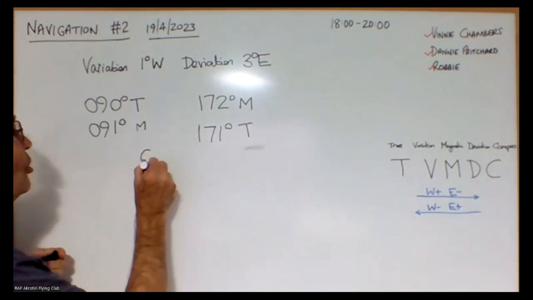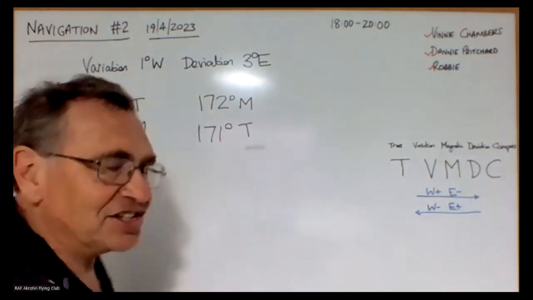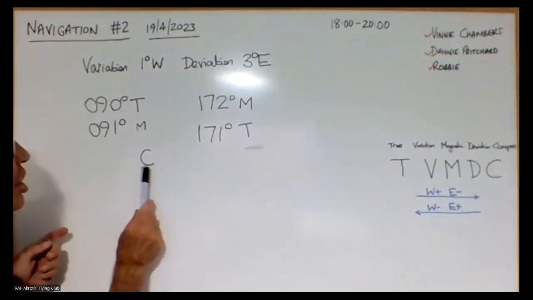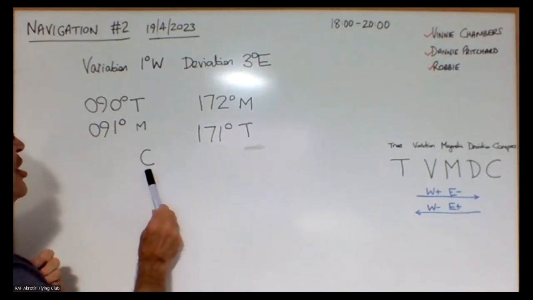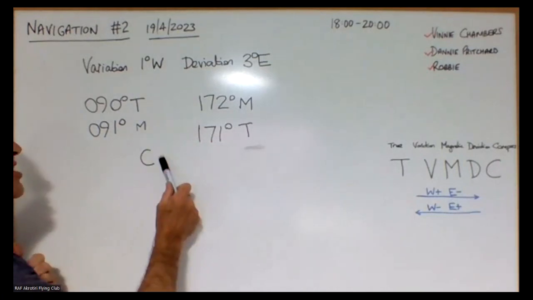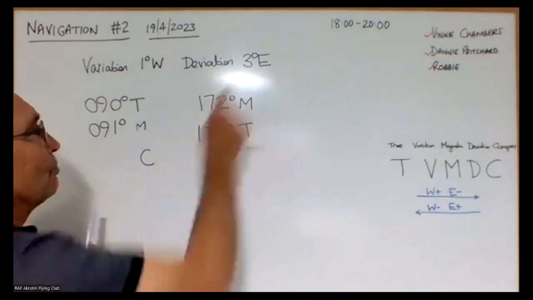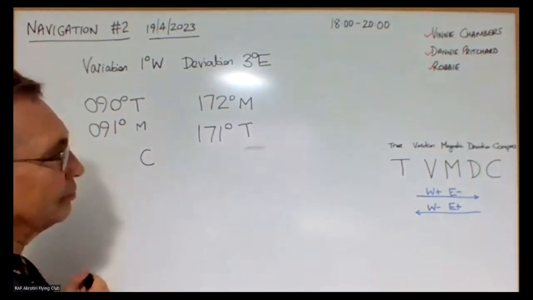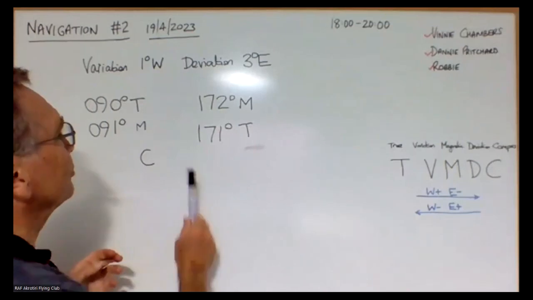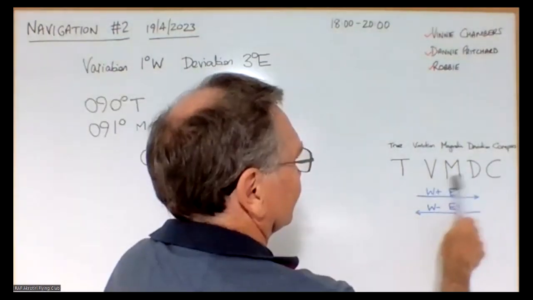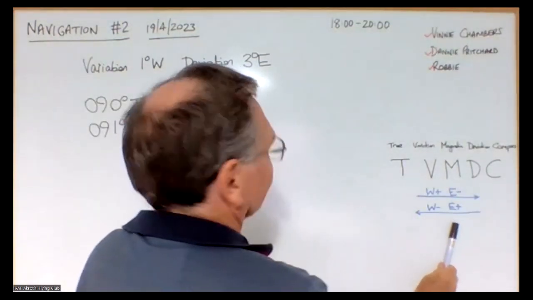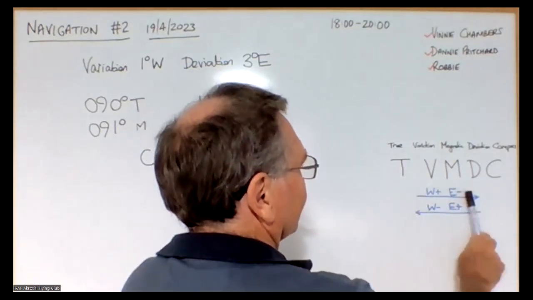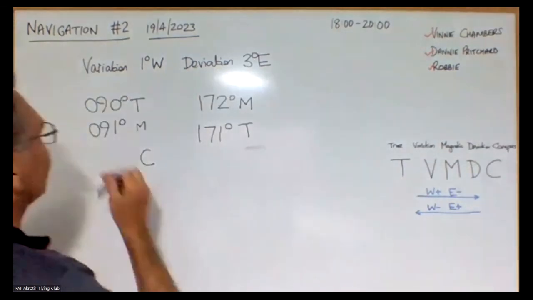I want to find out what I have to steer on the compass. So Nick, how am I going to work out this? How do I convert magnetic to compass? Because you're going right, you'll be adding west, minusing east. So if it's 3 degrees east, you're minusing it off, so it'll be 087.